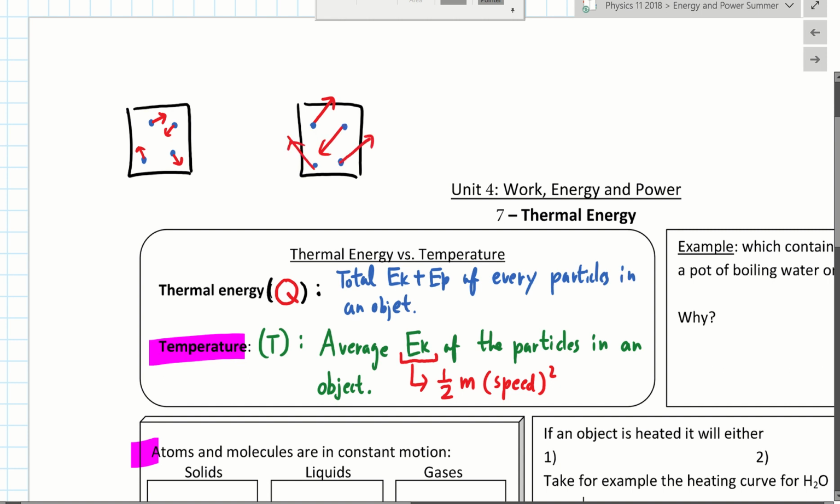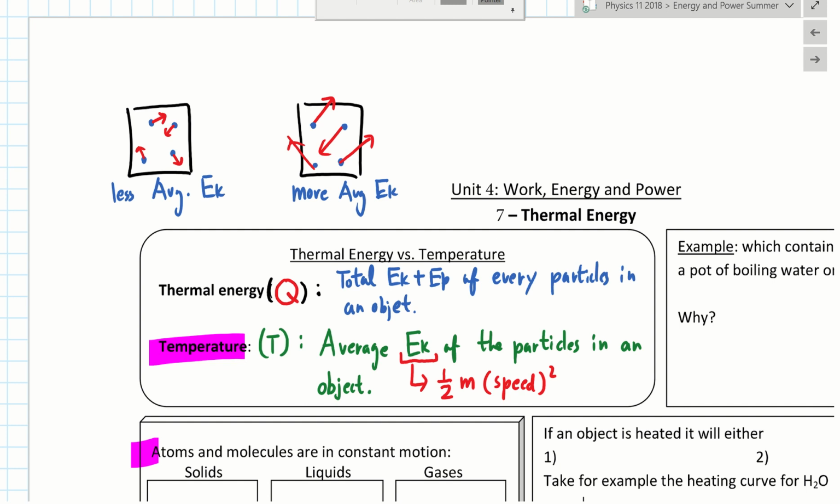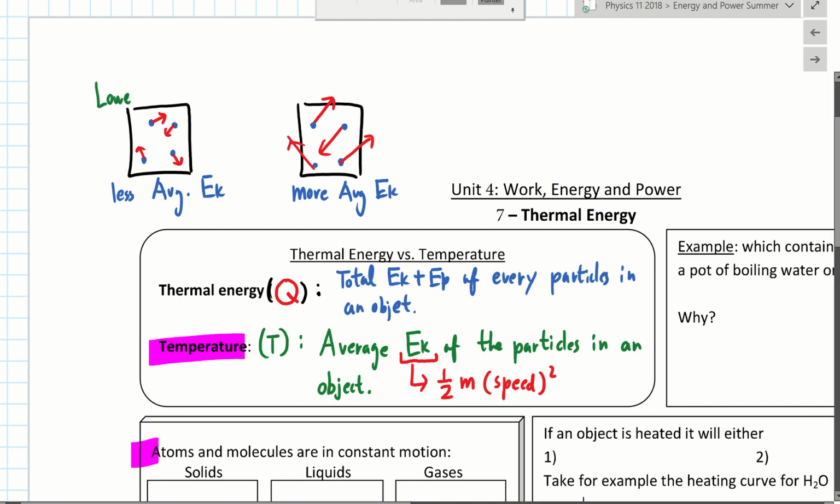So because the one on the left is slower, the particles are moving slower on average, so it has less kinetic energy on average. And the one on the right-hand side will have more kinetic energy on average. Now, average kinetic energy also means temperature, so less average kinetic energy means lower temperature.